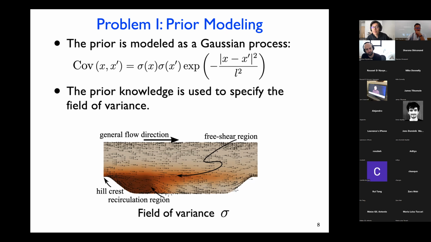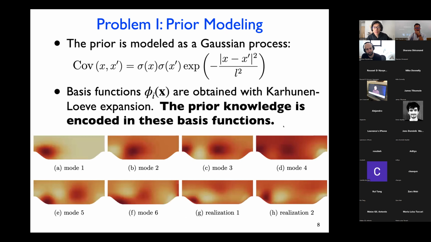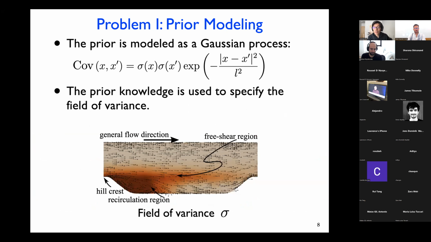the sigma field. And then we can use the Karhunen-Loeve expansion to get the basis functions that can help us further reconstruct the Reynolds stress discrepancy delta tau term. So for those who are not familiar with this method, you can think of it as just eigenfunctions of the previous field of variance sigma, or essentially the eigenfunctions of the covariance matrix of the Gaussian process.